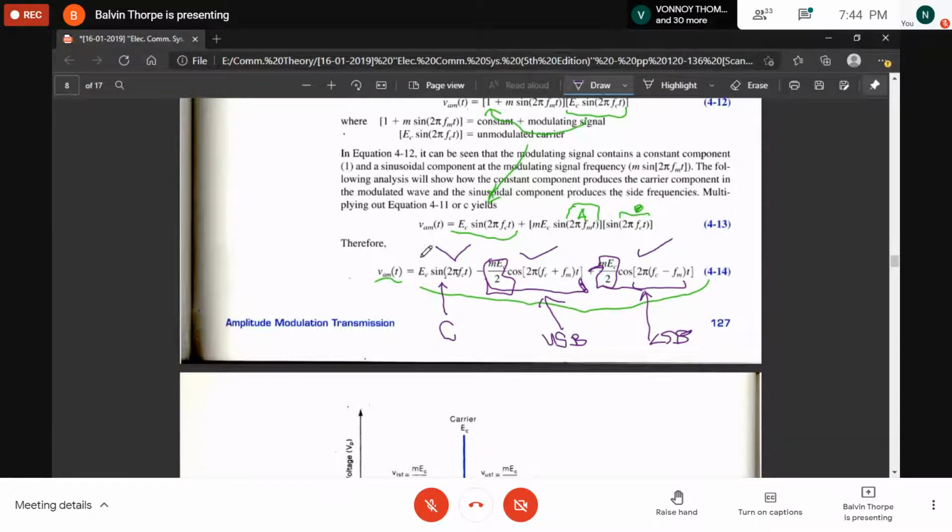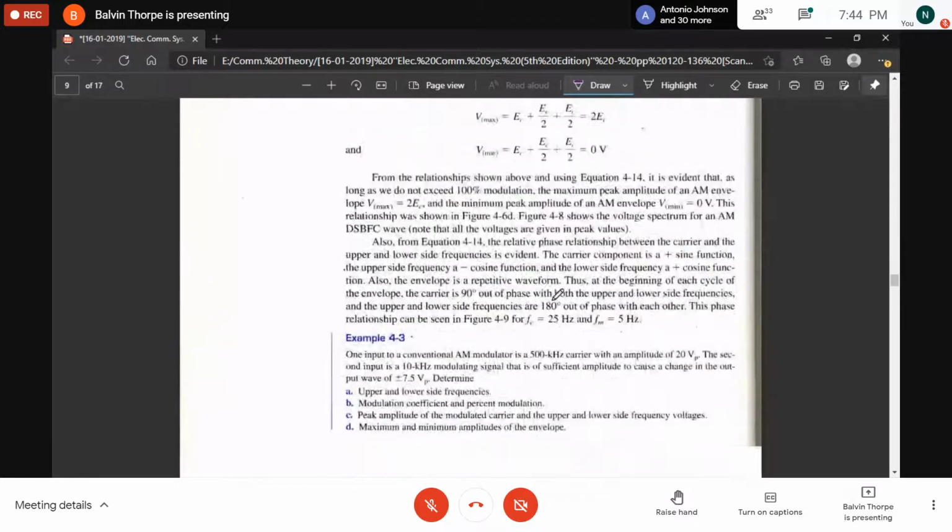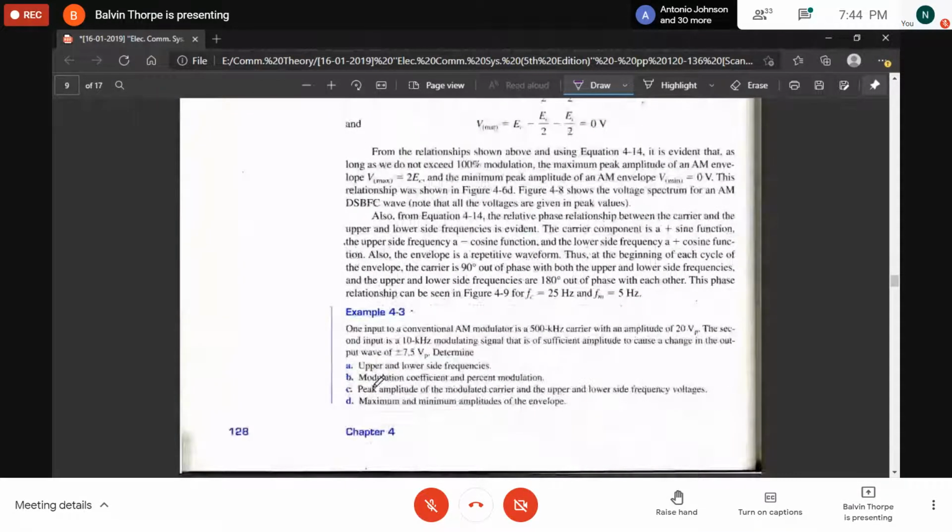Yes, sir. So the question is asking you, so this is the amplitude modulated wave. What are these amplitudes? That's what the question is asking you. Is that the peak amplitude of the modulated carrier and the amplitude or the voltage of the lower and upper side frequency?